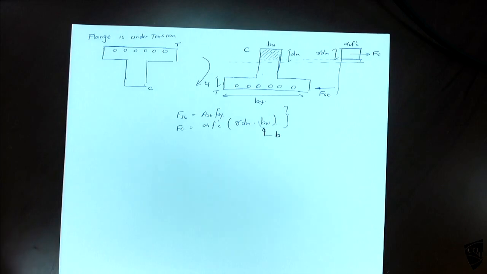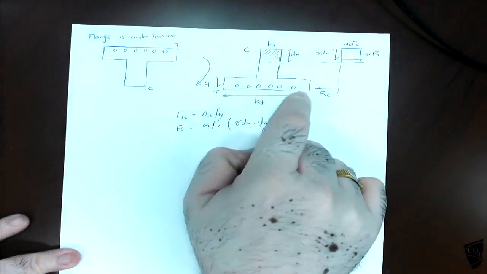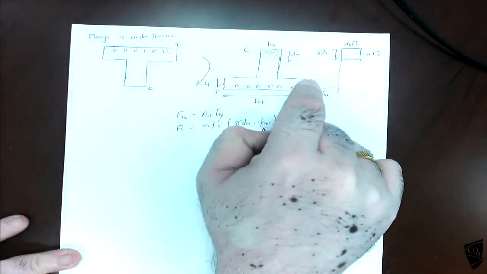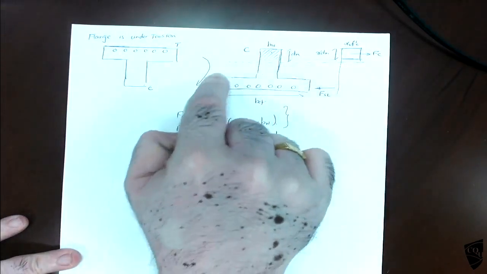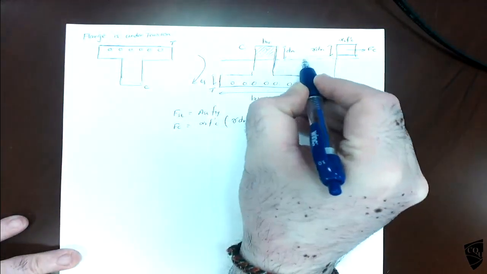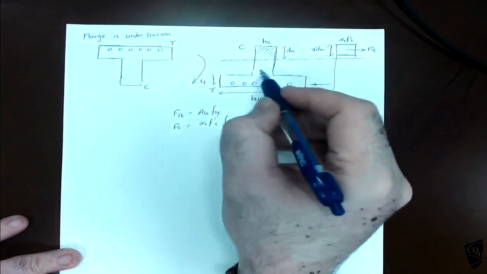So if the flange is under tension, that is at the support, we don't have any complications in designing this one, because we already did it. The width of the flange is not a problem, because below the neutral axis there is no concrete.